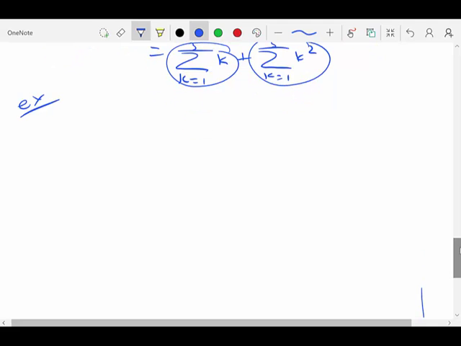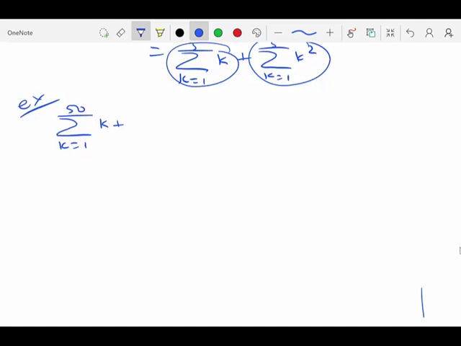We'll look at one more example where we would use that. Let's say that I wanted to add up the sum as k goes from 1 up to 50 of k plus 2k squared. So I'll take advantage of this last formula that we looked at, and I will divide it up into two sums.